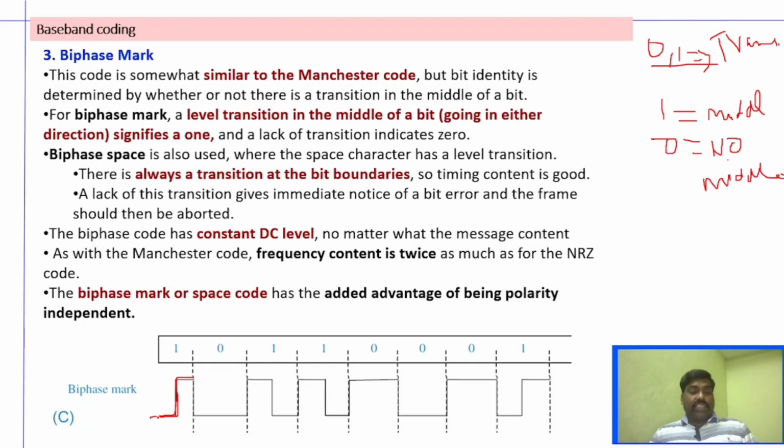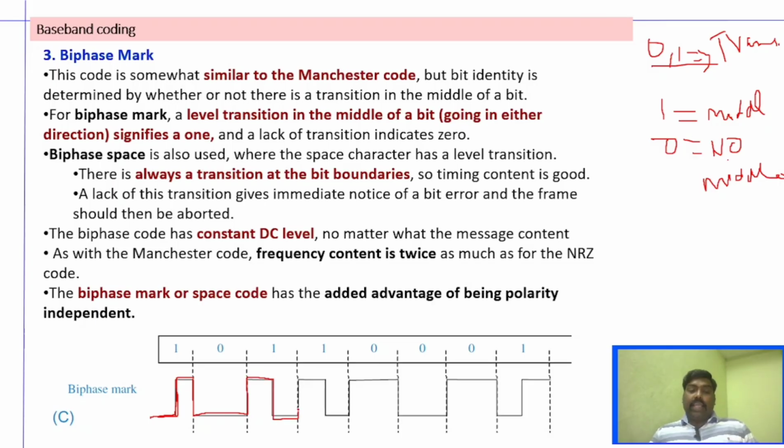What is 0? For every bit you will have a transition at the start, as I said, so the second bit starts with a transition from up to down. For 0 there is no middle transition, so it goes here. For the next bit, 1, you will have a starting transition, and for 1 there will be a middle transition as well, so it comes down here.